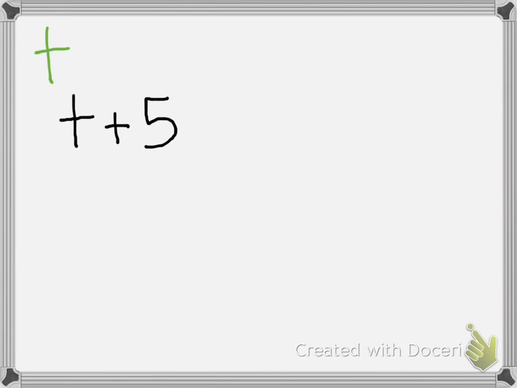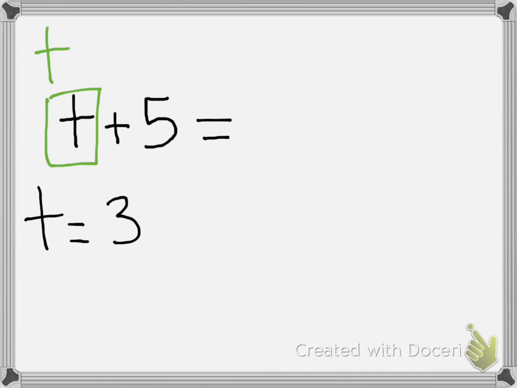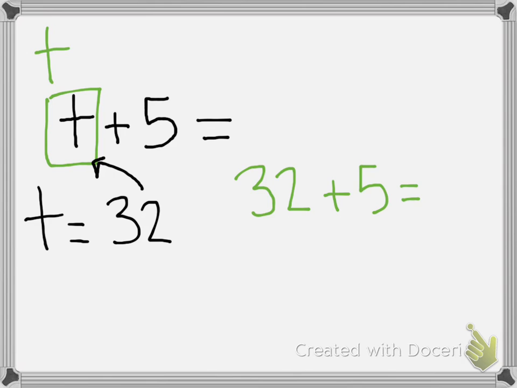Now what this means is that this answer will vary based on whatever the degree is. So if it says that T equals 32, I plug 32 in for my T. So I now would write my equation 32 plus 5, and I am able to solve that because 32 plus 5 equals, of course, 37.